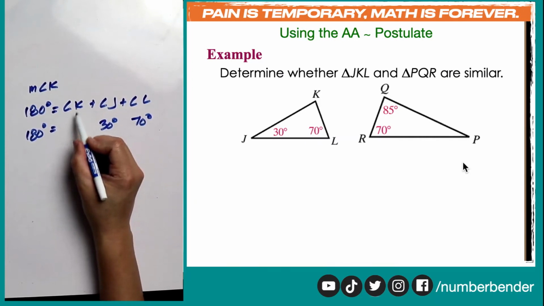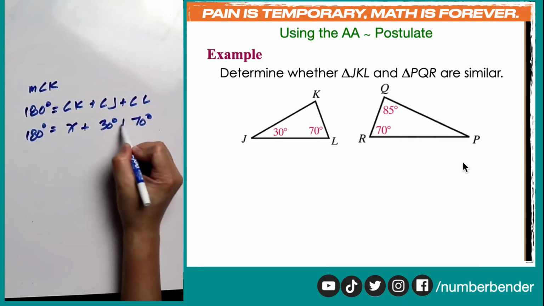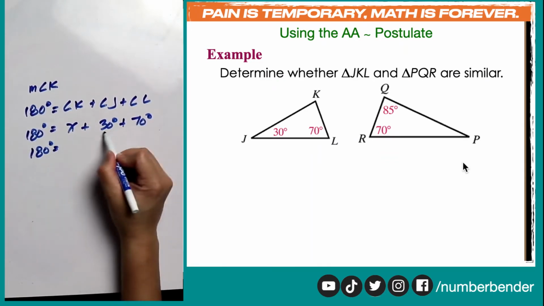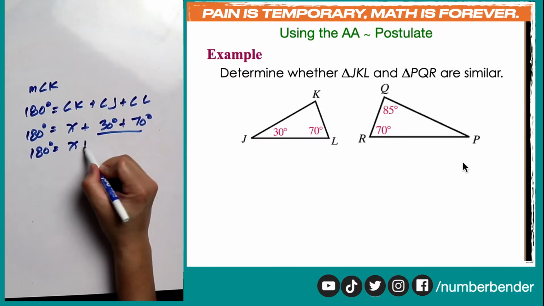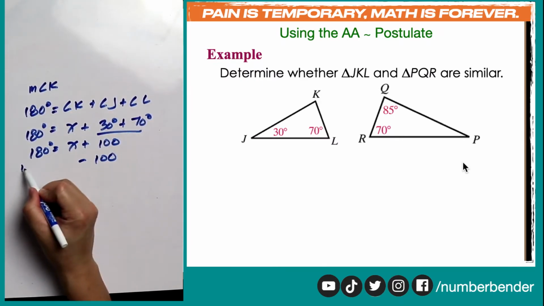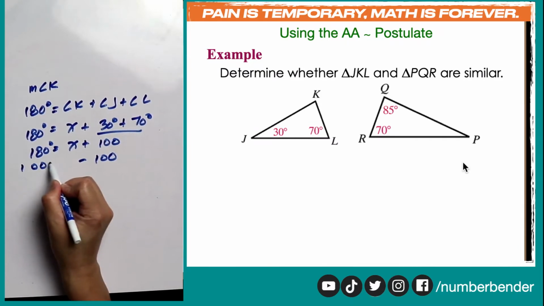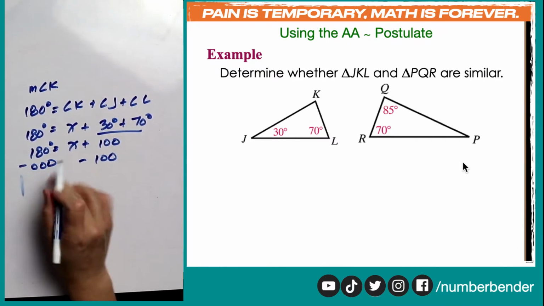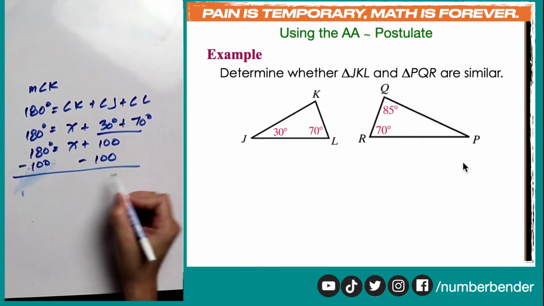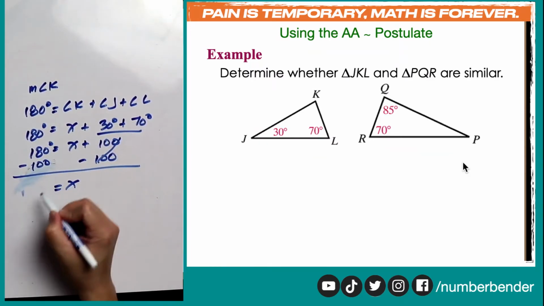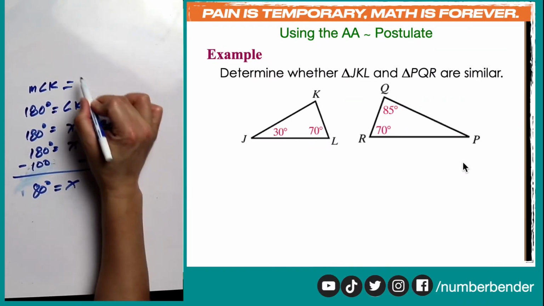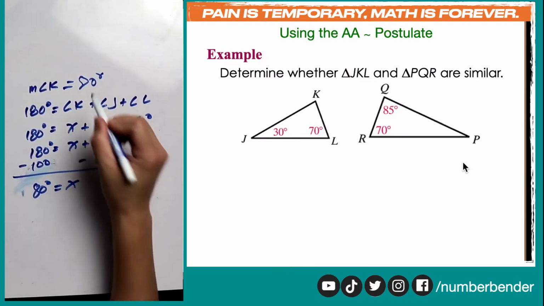We don't know what angle K is, so using algebra, we'll solve for the measurement of angle K by adding 30 and 70, which is equal to 100, and subtracting 100 on both sides. We know that the angle measurement of x is equal to 80 degrees, so therefore angle K is equal to 80 degrees.